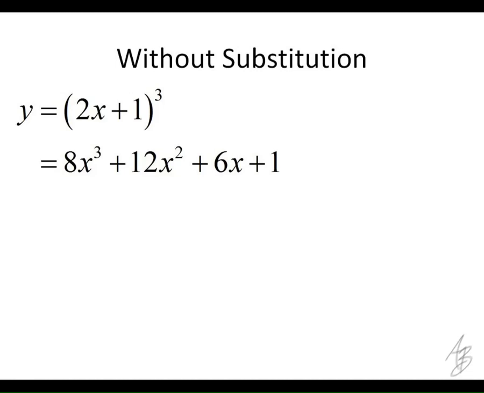At this point, it's fairly easy to find the derivative, right? dy/dx is going to be what? 24x squared plus 24x plus 6 plus 0, right? Is this the same thing we got in the last problem?